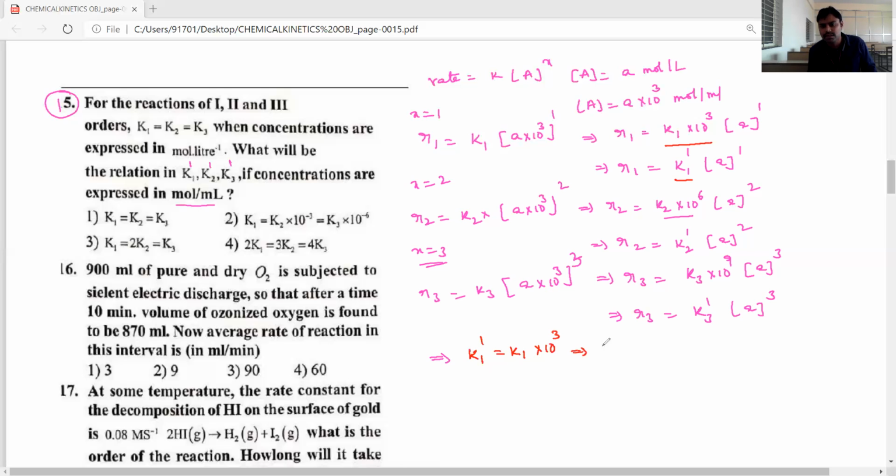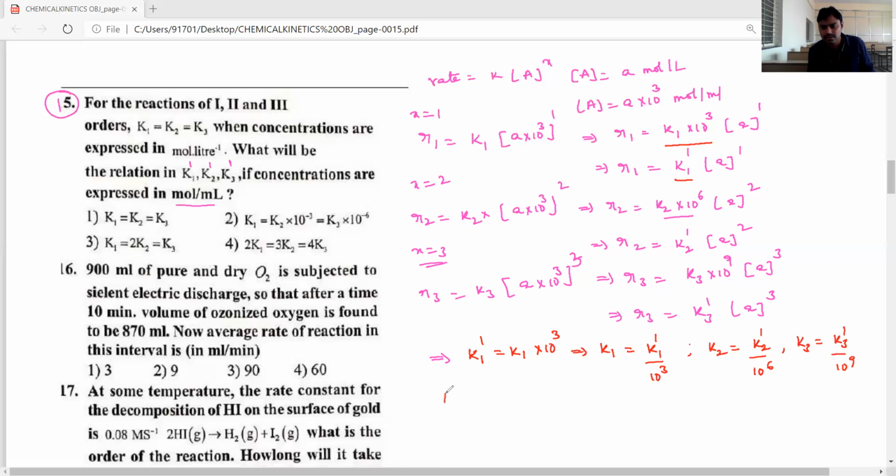Let's compare both. From this, K1 is equal to K1 dash by 10 to the power of 3. In the same way, K2 is equal to K2 dash by 10 to the power of 6. The same way, K3 is equal to K3 dash by 10 to the power of 9.